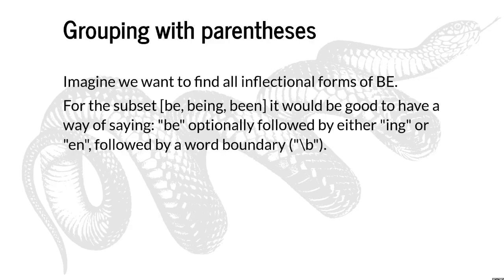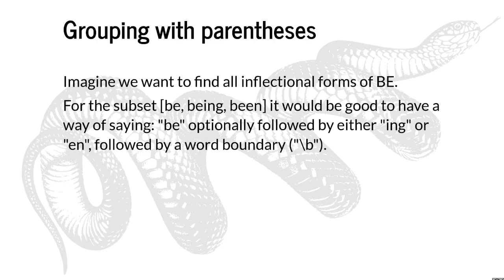Here's a situation that we come across quite often in natural language analysis, and that's different inflectional forms. Here, in this case, different inflectional forms of the verb be. There's lots of them, or a fair number of them, but for right now, let's think only about be, being, and been. So the bare infinitive, the present participle, and the past participle.